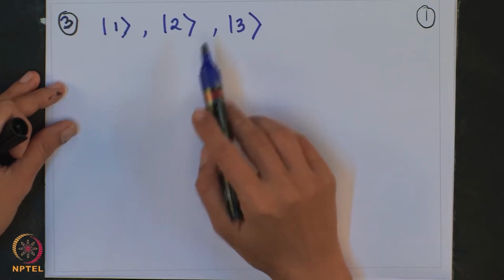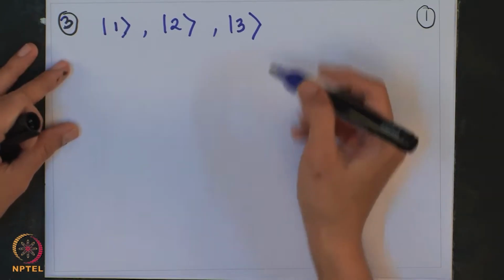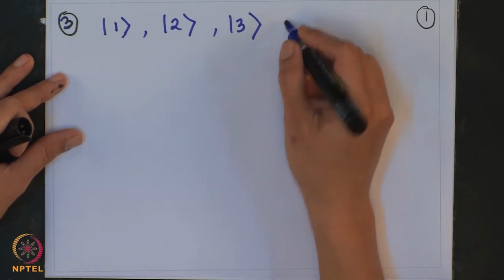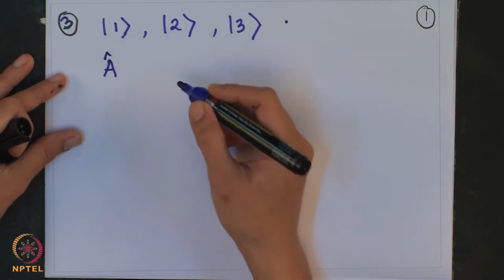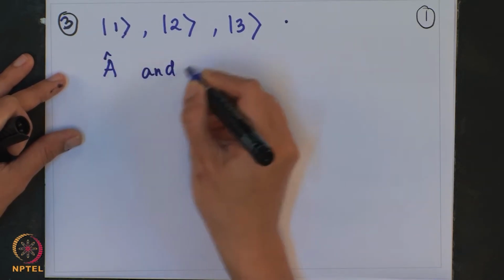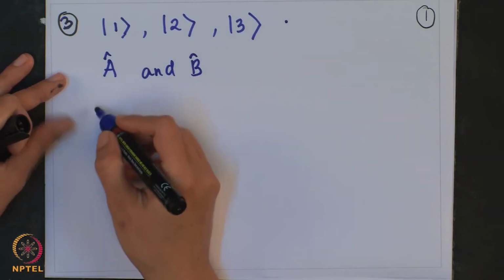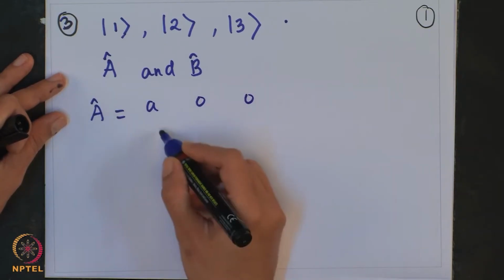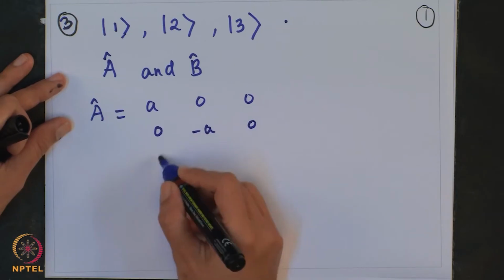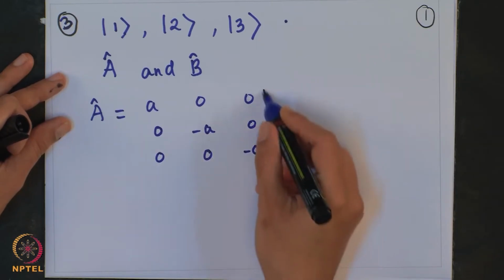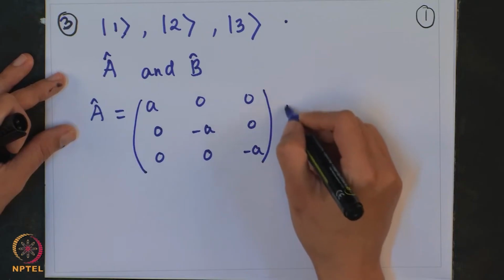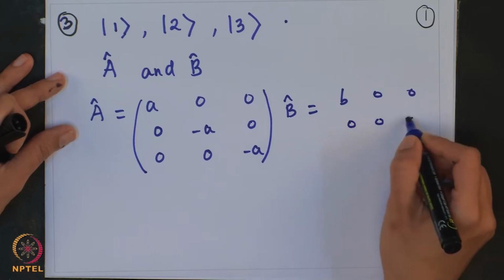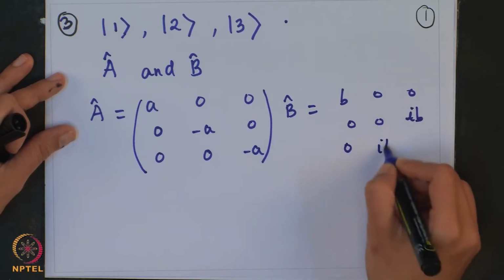Ket 1, 2 and 3 are orthonormal and they form a basis for operators A and B. Operator A is represented as A 0 0, 0 minus A 0, 0 0 minus A. This is operator A. In operator B, we have B 0 0, 0 0 iB, and 0 iB 0.